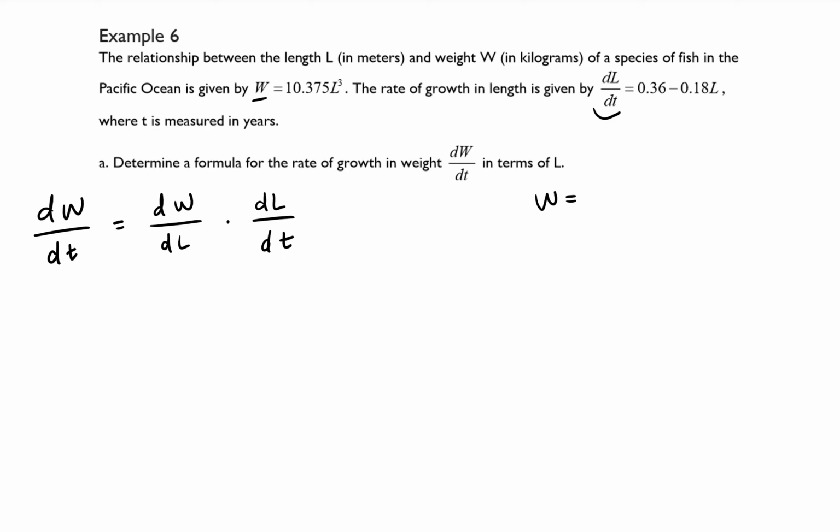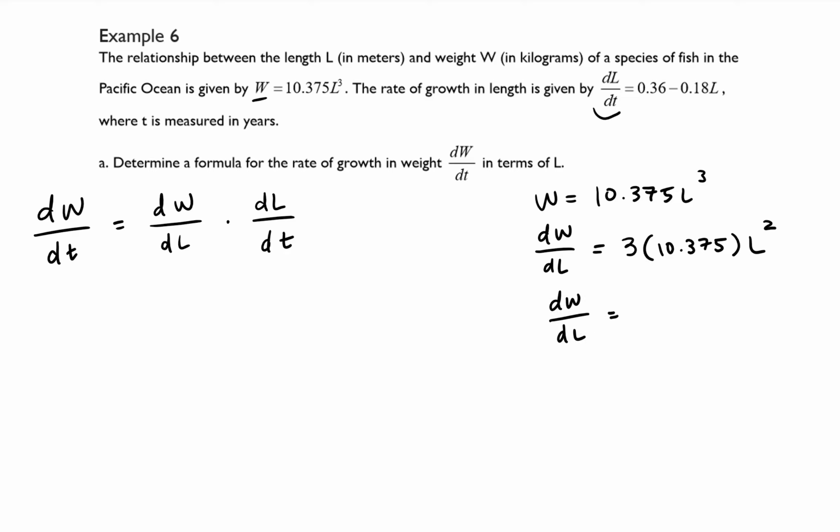If W equals 10.375 L cubed, then dW/dL is going to equal 3 times 10.375 L squared, which equals 31.125 L squared.